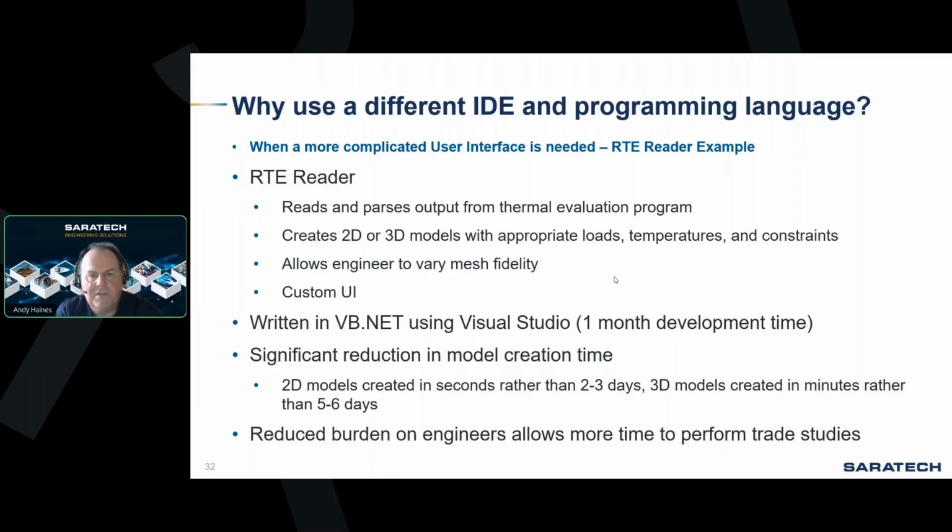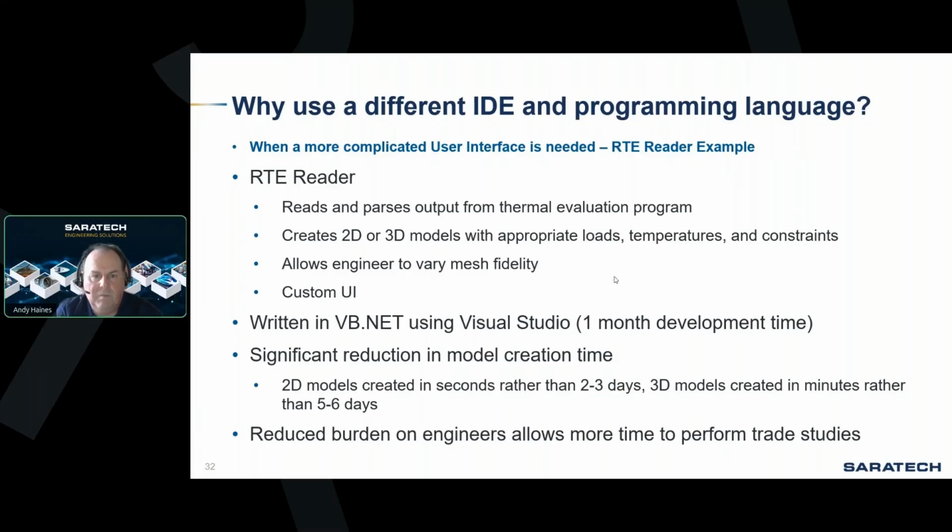It reads and parses output from a different program, and the nice part was it was able to create 2D and 3D models with appropriate loads, temperatures, and constraints. It actually allowed the engineers to look at the fidelity of the mesh, and it was a fully customized UI designed around basically 2 workflows.